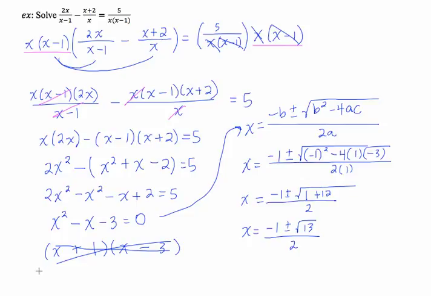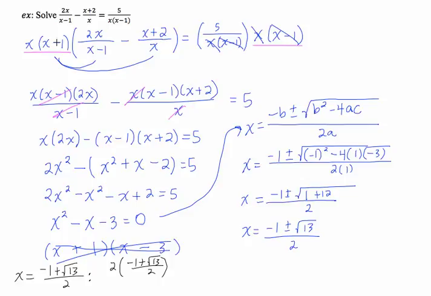So let's see. Let's plug in the one with the plus first. So first I'm going to plug in and check x equals negative 1 plus radical 13 over 2. Plugging that in gives us 2 times x, negative 1 plus radical 13 over 2.